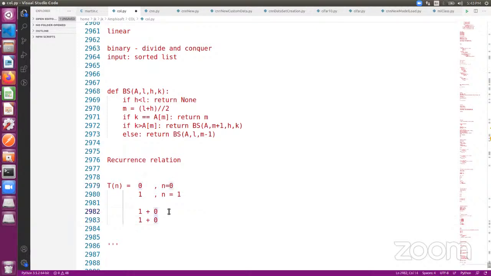This is the positive case, where the element is found. This is negative, where the element is not found. So that is why in general I wrote that if the number of elements is 1, the total time taken is going to be 1 only.